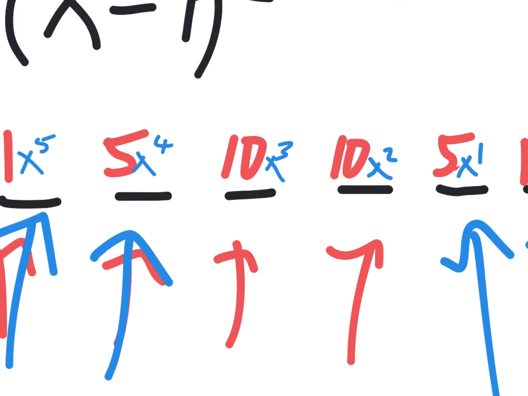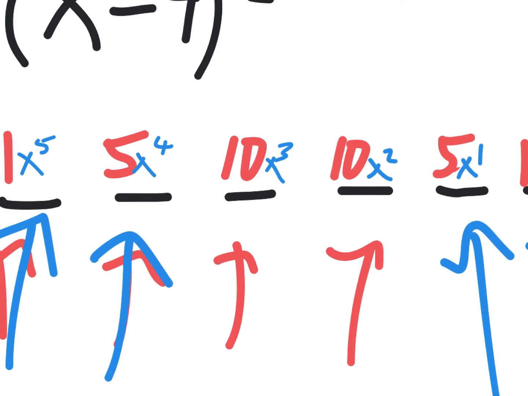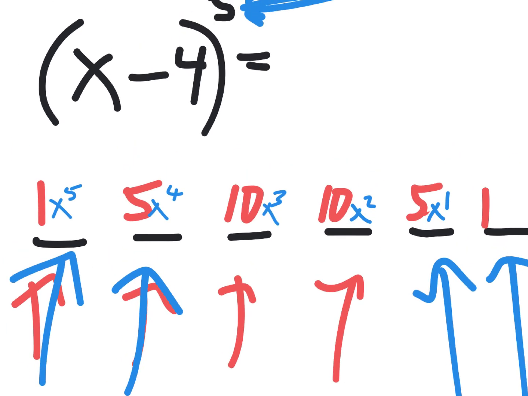And then let's go with a volunteer who's willing to tell me what to do with the negative 4s. So I put in front of the second term, this one would be to the 0, right? So then negative 4 to the?